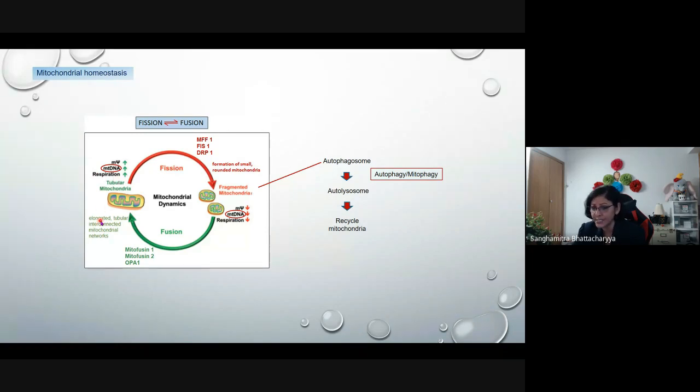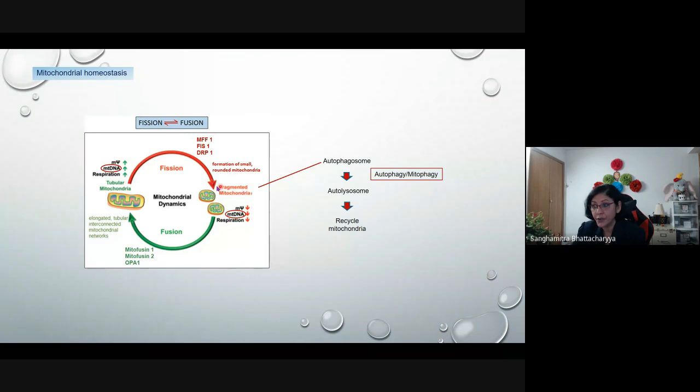Now, under stress condition, the mitochondria usually get fragmented. And that's when we start seeing the round or donut-shaped structures. The number of fragmented structures, of course, depends on the power of the cell to handle the adverse situation, how intense the oxidative stress is inside the cell.